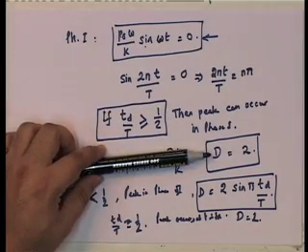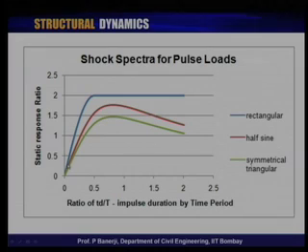So, this is what is known as the shock spectrum for a rectangular load. If you know T_d, the duration of the rectangular load, and you know T, you just go here, read it off, and that gives you the dynamic amplification factor, and multiply that by P naught upon k, and you have your response.